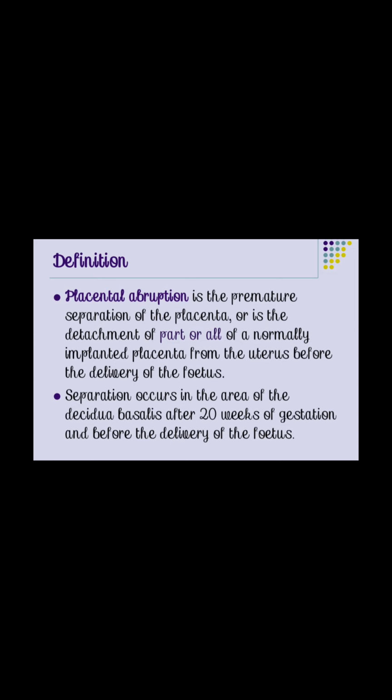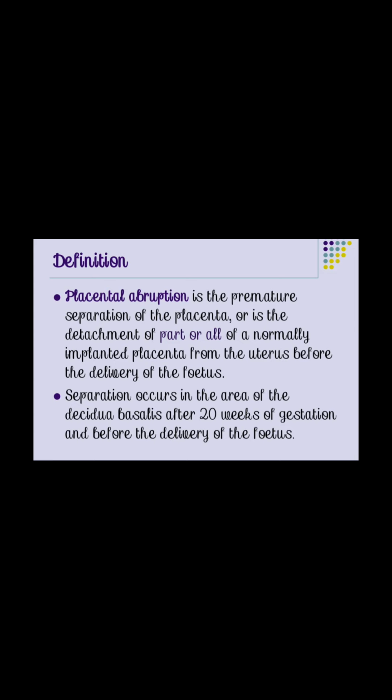Kumbe placenta inaweza separate all part au baadhi sehemu tu ndogo separate afu sehemu nyingine ikabaki, lakini ambayo tunaizungumzia placenta separate before, hiyo ni placenta ambayo it is normally implanted, not placenta previa, a normally implanted placenta. Kwa one part may separate au sehemu yote ya placenta inaweza ikaseparate.